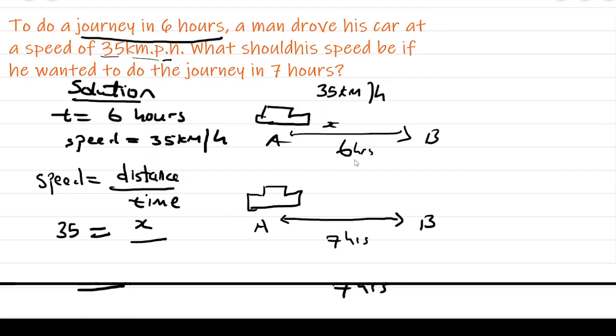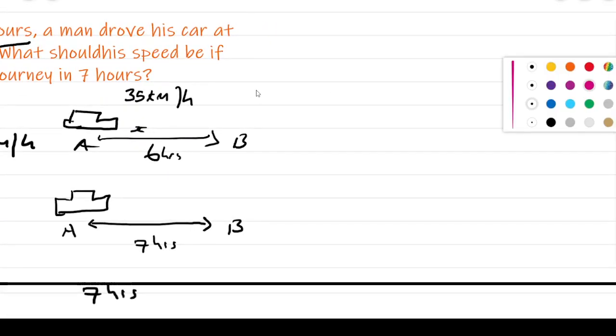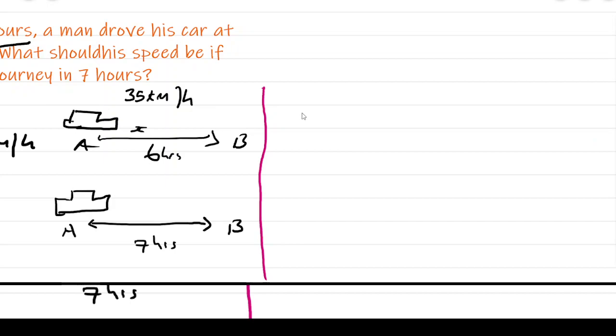All over the time. What time did it take him to cover the distance? 6. So here, what we have is that 35, which is the speed, is equal to the distance, which is x, over the time, which was given to us as 6.